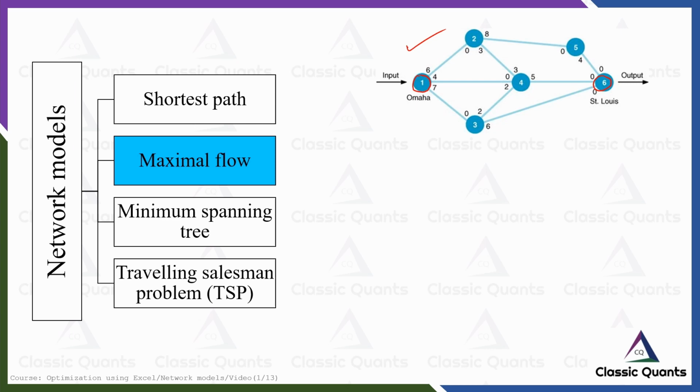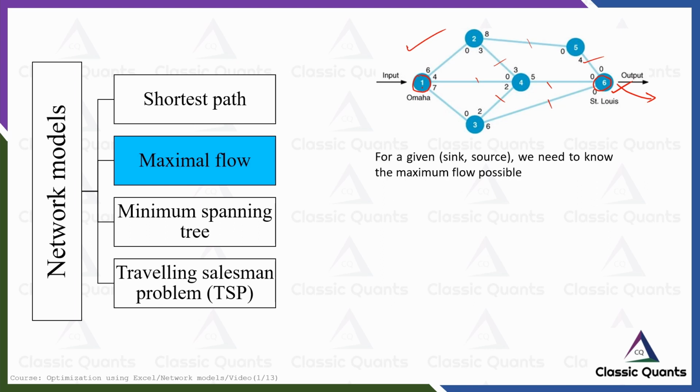I want to know what is the maximal flow possible starting from here and ending here. In other words, what is the maximum flow that is possible out of this sink node using any path. You can use any path, but what is the maximum flow possible? That is the primary question here.